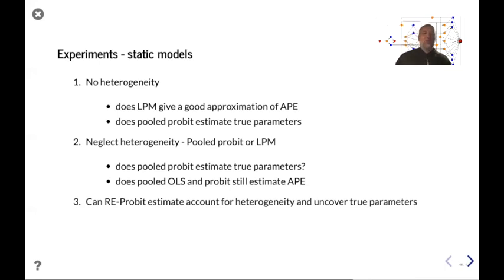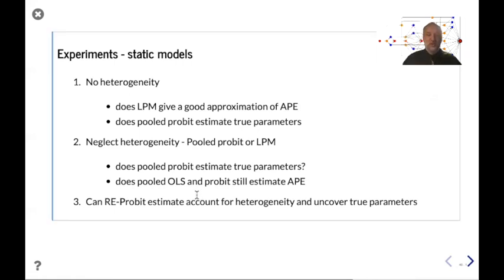Before, we first looked at the case where there's no heterogeneity: does the pooled probit estimate the true parameters? Well, yes, it does. In the neglected heterogeneity case, we added the sigma and just estimated the pooled probit. It didn't actually estimate the true parameters, but it did estimate them up to scale.